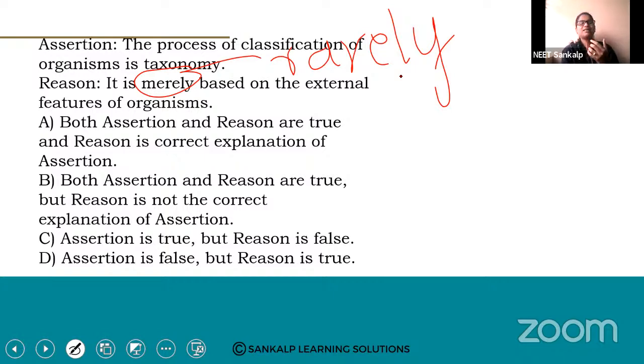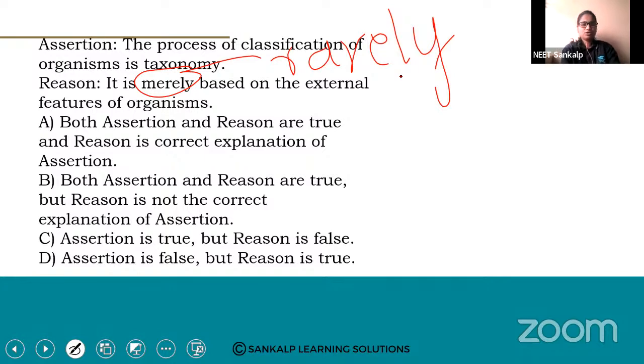So you cannot say that R is true. Here the answer will be assertion is true, but reason is false, because taxonomy is also based on morphological features. So option C is the right answer. I think Hanumava voted for option C. Yes, Anand Krishna Nayak answered option B.